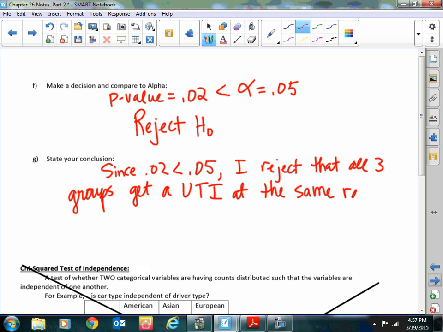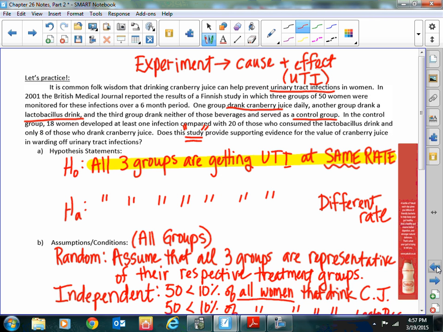Okay? At this point, I stop and I go reevaluate and make sure I'm answering the question exactly. The question is, does this study support or provide supporting evidence for the value of cranberry juice in warding off urinary tract infections? We actually haven't addressed that specific portion of this problem, and I'm going to save that until Monday.